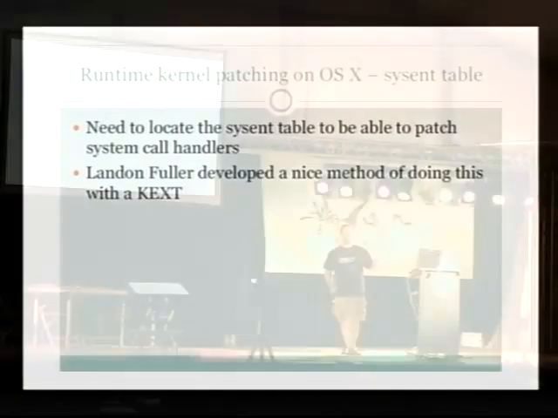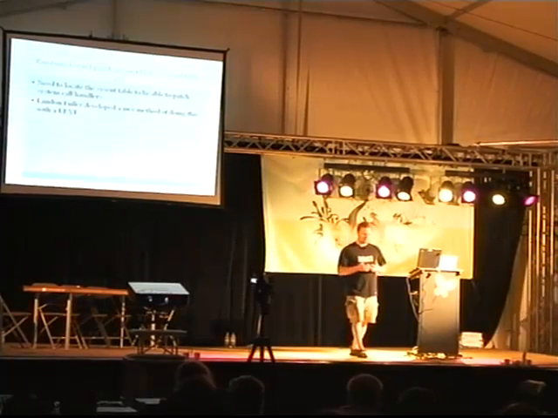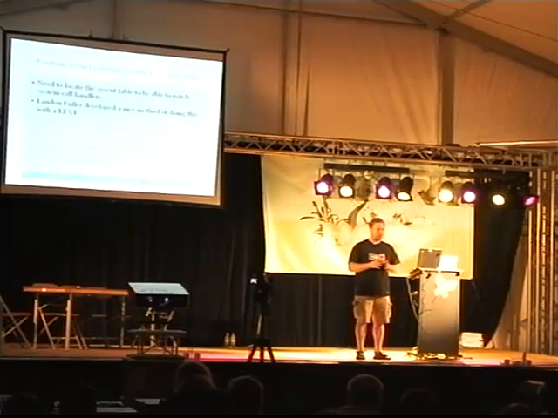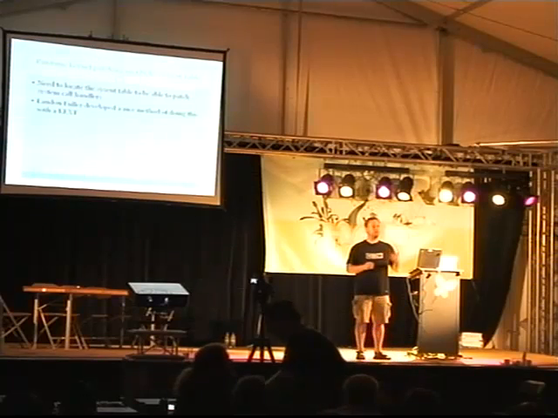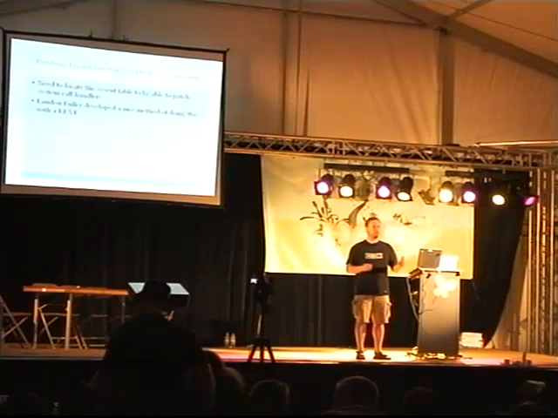Landon Fuller actually developed a really nice way of doing this for kernel extensions. When Mac OS X was at, I think, version 10.3, Nemo released his WeaponX kernel rootkit. This rootkit basically mirrored how Knark worked for the Linux platform, in that it simply replaced certain functions in the sysentry table, and Apple responded to this by removing that table from the exported symbols of the kernel.